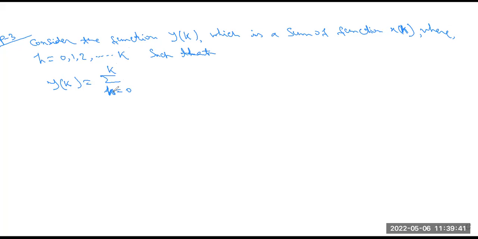That's why you have to write h is equal to 0 to k. The function is x of h, and here also k is equal to 0, 1, 2 and so on.